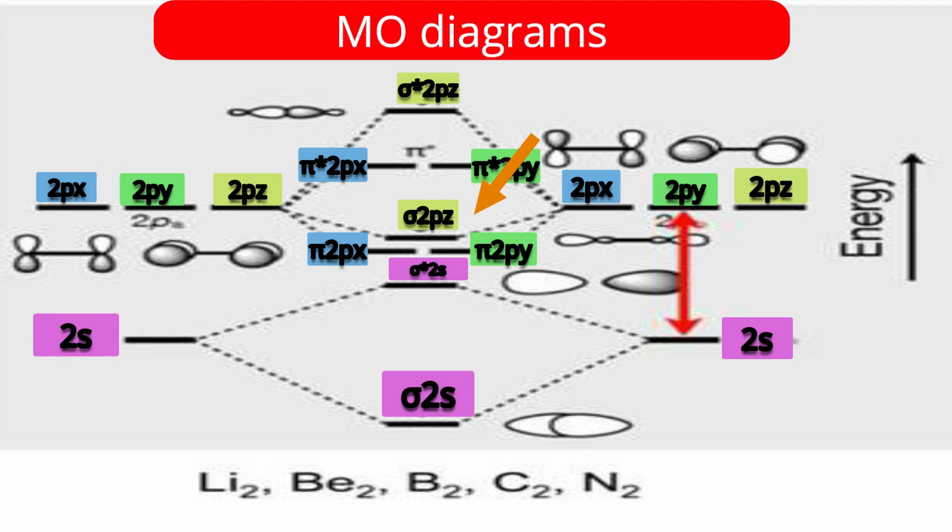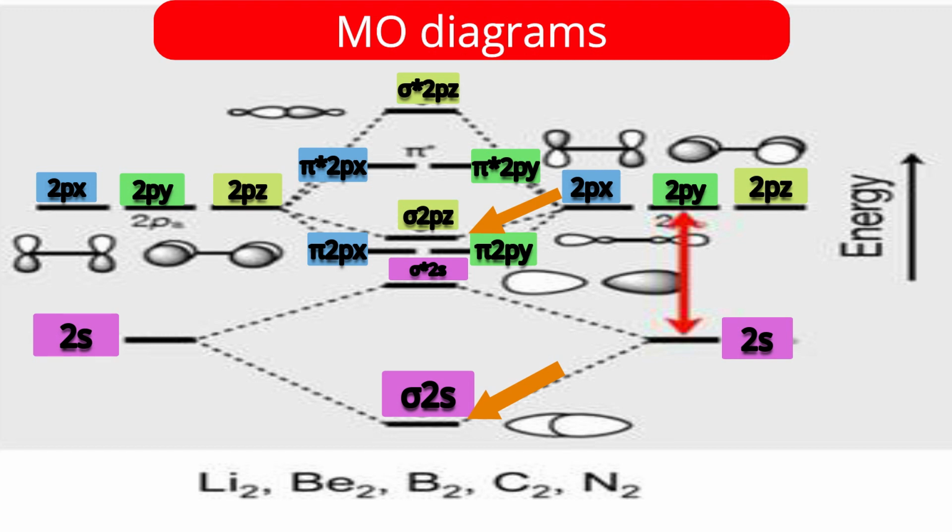It is because the energy gap between 2s and 2pz in the case of the atoms lithium, beryllium, boron, carbon and nitrogen is small, due to which interaction between the obtained molecular orbitals also occurs. Orbitals of the same symmetry interact with each other and change their energies.